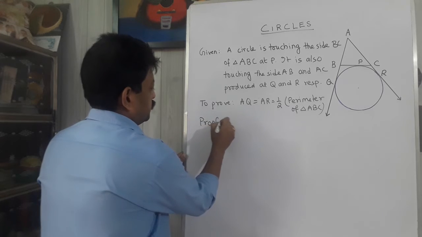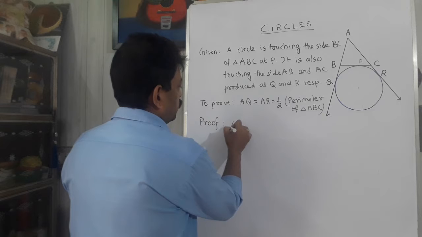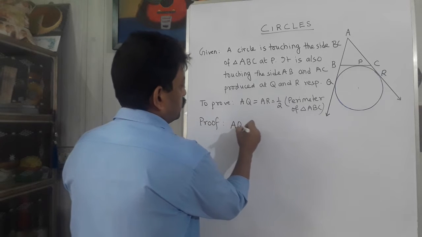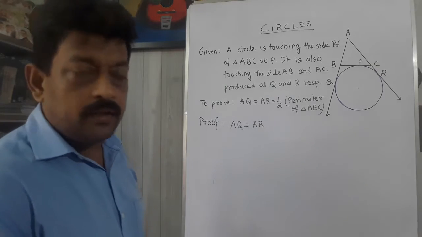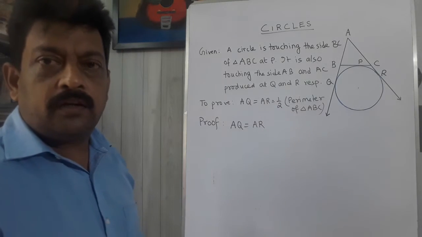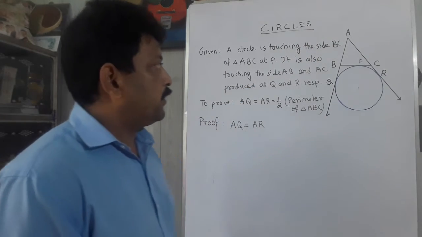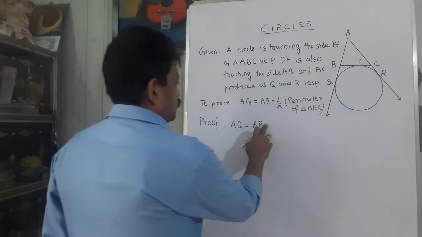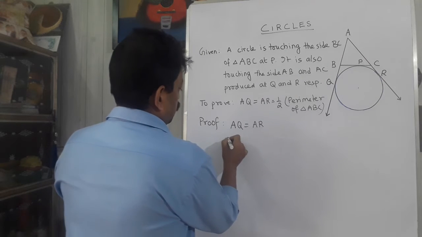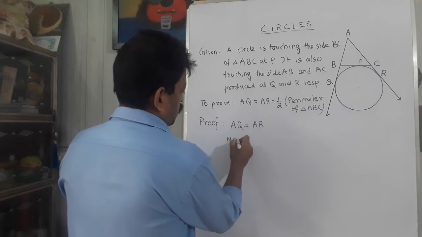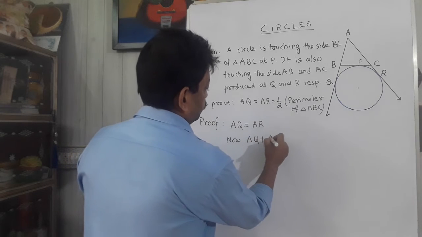Proof. First of all, we all know that AQ and AR are equal. Why? Because they are the tangents to the same circle through an external point. So AQ equals AR. Now what is AQ plus AR?